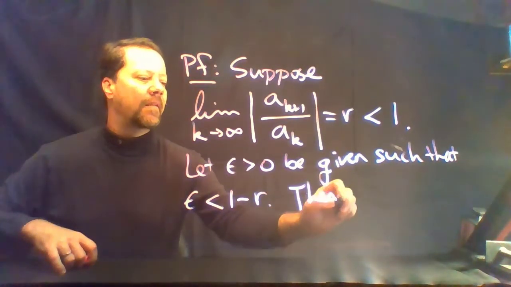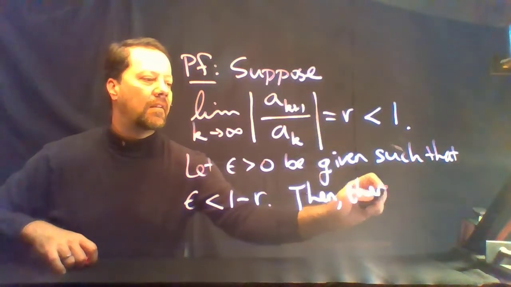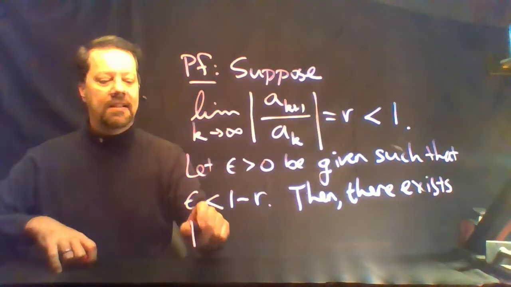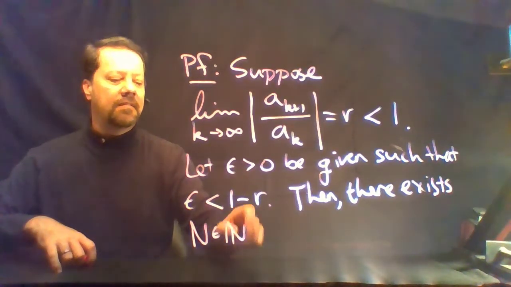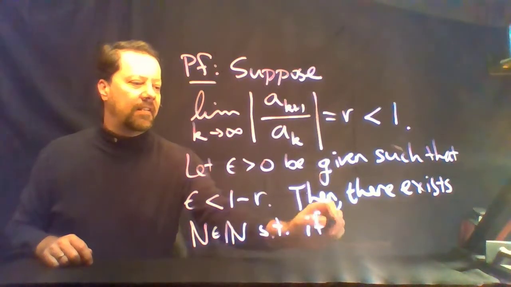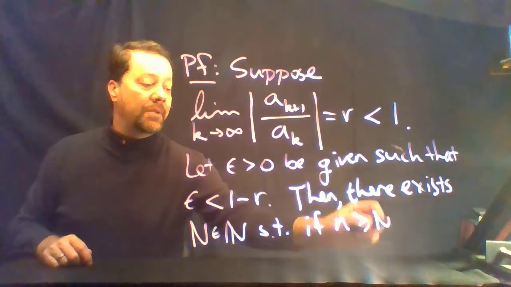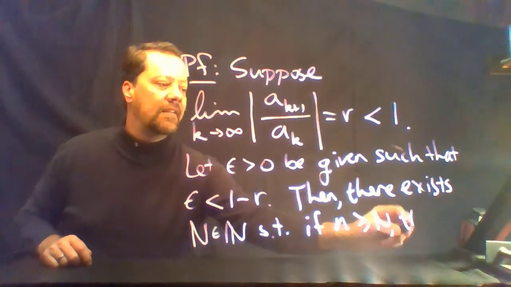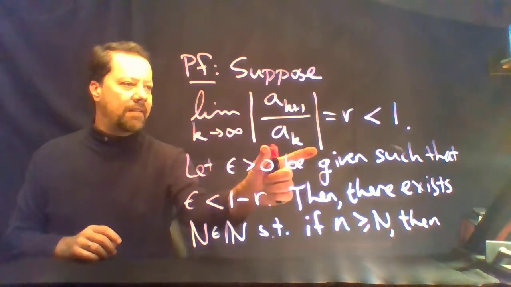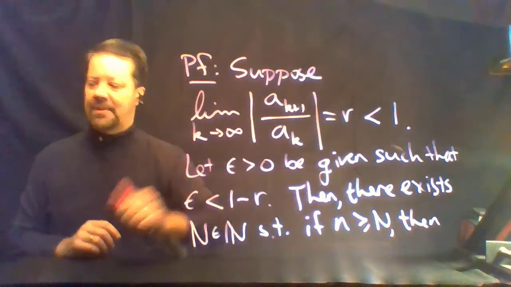Then there must exist a natural number N such that if k is bigger than or equal to this natural number N, then the distance between this and r will be smaller than epsilon.